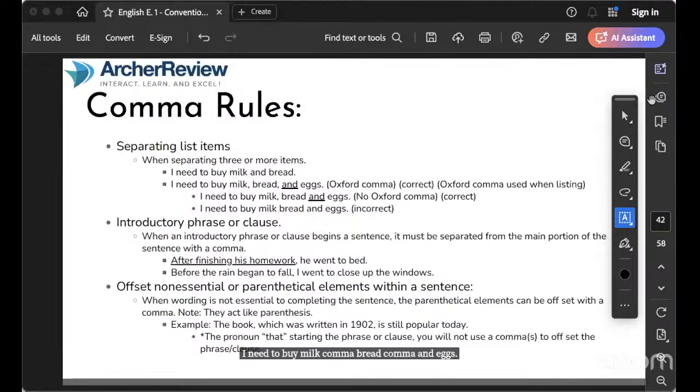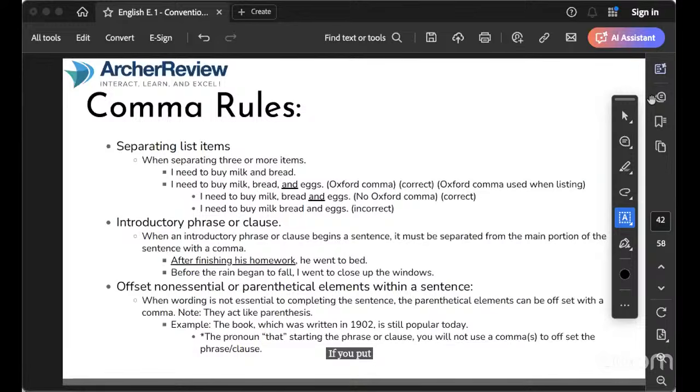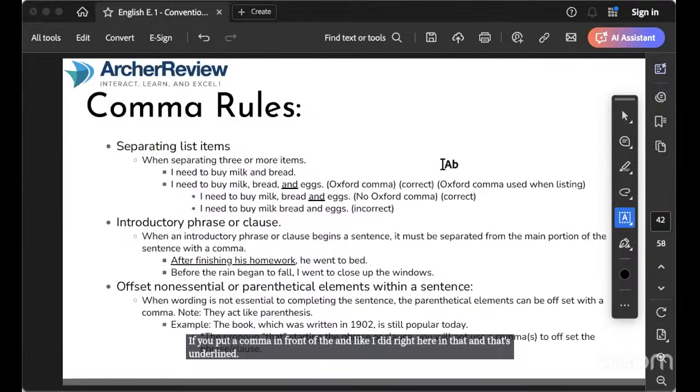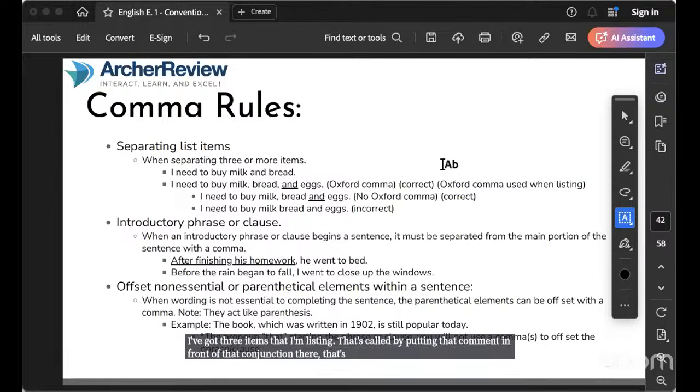Now, when you put that comma before the and, when you're listing items like this, not when we're talking about complex or compound sentences, but when you're listing items, if you put a comma in front of the and, like I did right here in that underlined and, I've got 3 items that I'm listing. By putting that comma in front of that conjunction, that's what we call an Oxford comma, like Oxford, England.